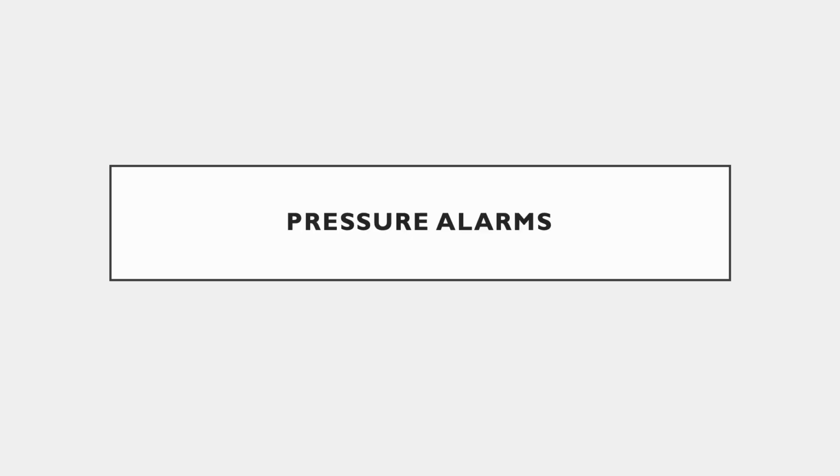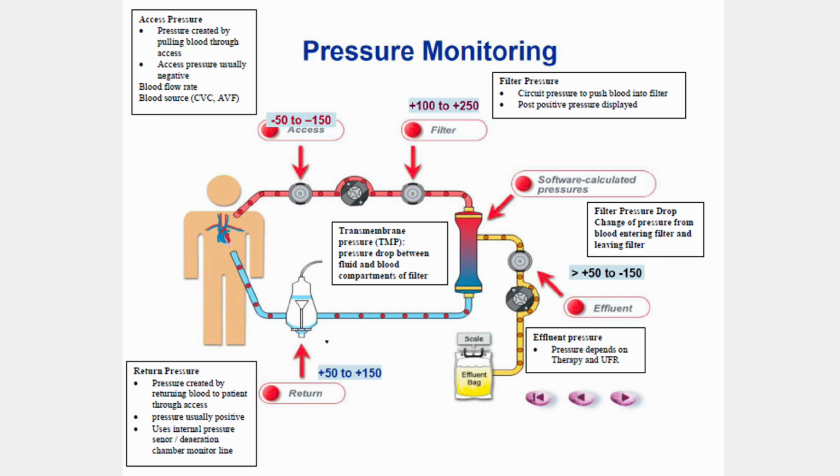So next, we'll be briefly talking about pressure alarms in the CRRT machine. And these are important to recognize because there are different situations that may arise causing different types of alarms. So I think going through the circuit, there are a few important alarms. There's the excess pressure, there's the filter pressure, and then there are two important concepts of filter pressure drop and transmembrane pressure, and then there's also the return pressure.